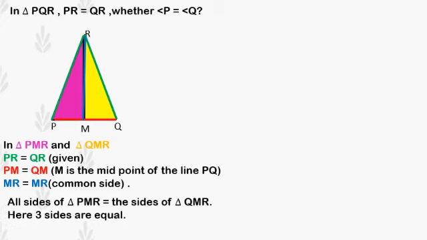Then which property can we use here, children? SSS property or first property, right? Let us say together, come on. If the sides of a triangle are equal to the sides of another triangle, then the angles opposite to the equal sides are equal.